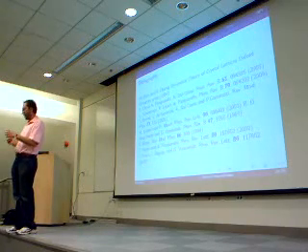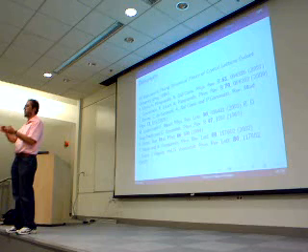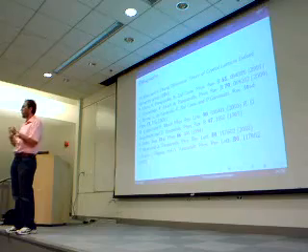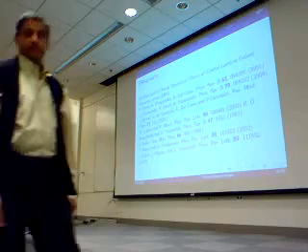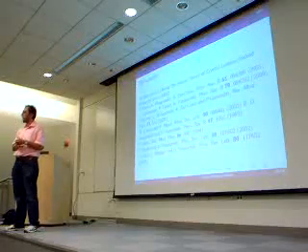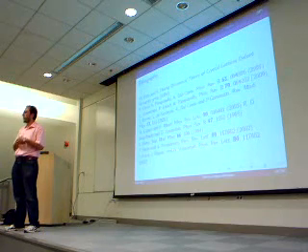Then you can define the polarizability in two different directions. In the direction along the tube, you can just use a sawtooth, and you can see how it polarizes. In the direction which is perpendicular with respect to the tube, you have to use one of these methods.